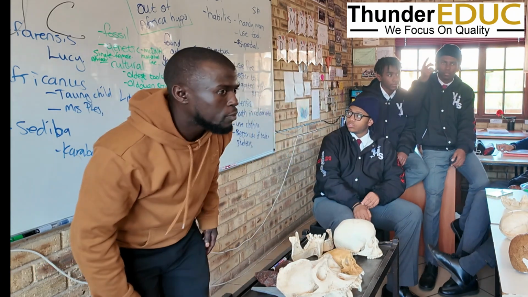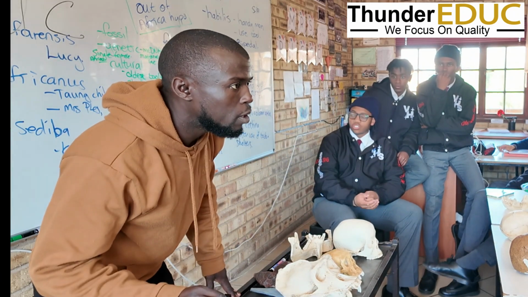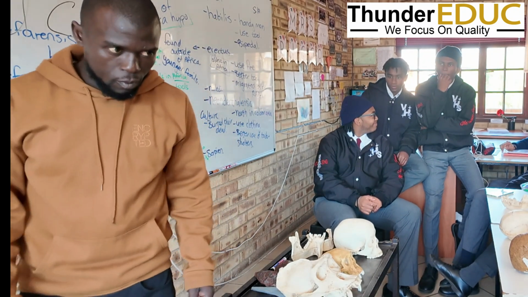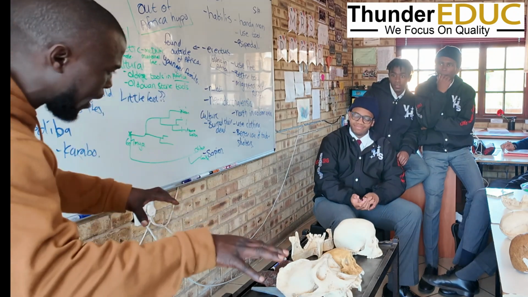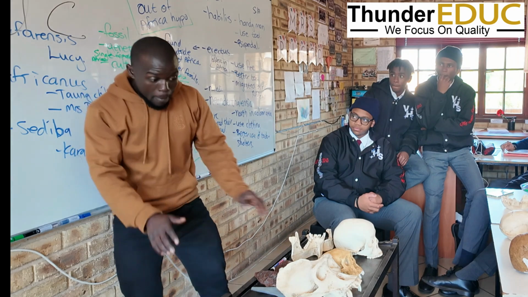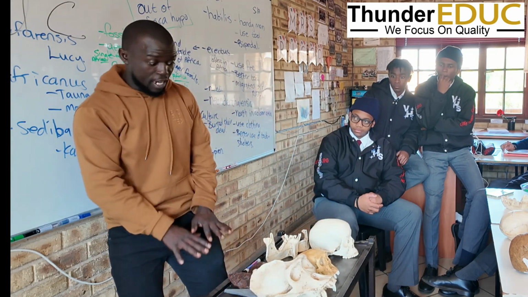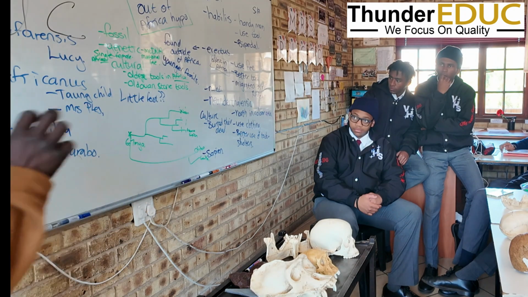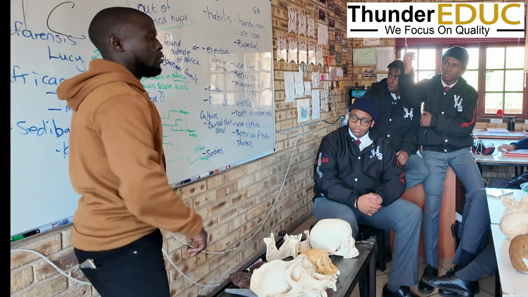Fossil evidence, genetic evidence, cultural evidence. Now the question is asking: modern humans originated from Africa and migrated to the rest of the world. Based on the evidences provided on this table, identify 2 evidences to support that statement.